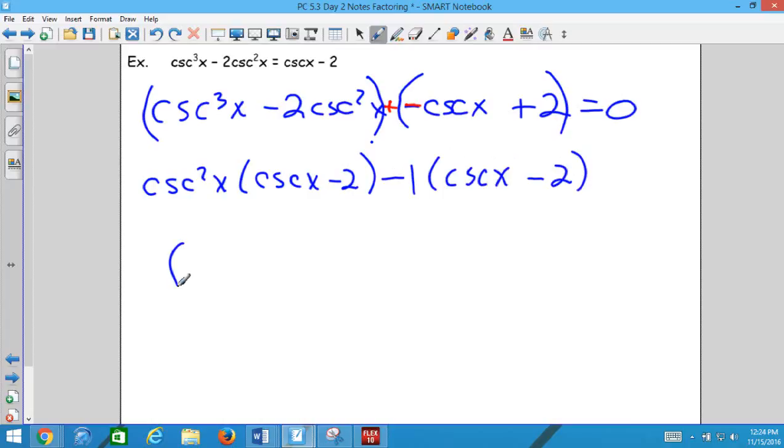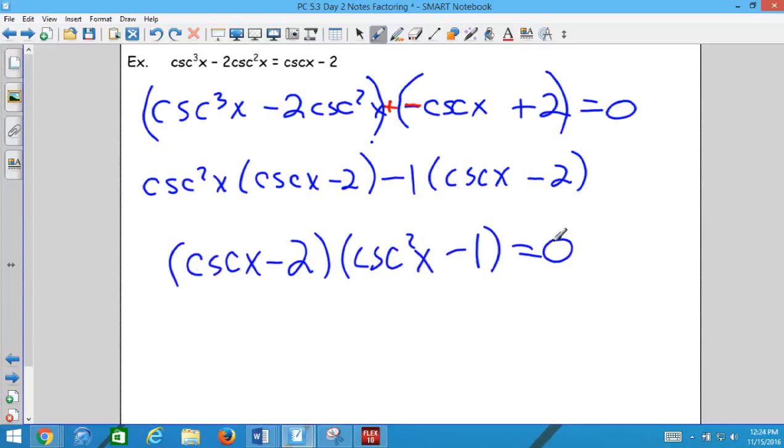And then we have cosecant x minus 2 and cosecant squared x minus 1 as our factored form. Then what do we do? Set each factor equal to 0 and solve for x, right?